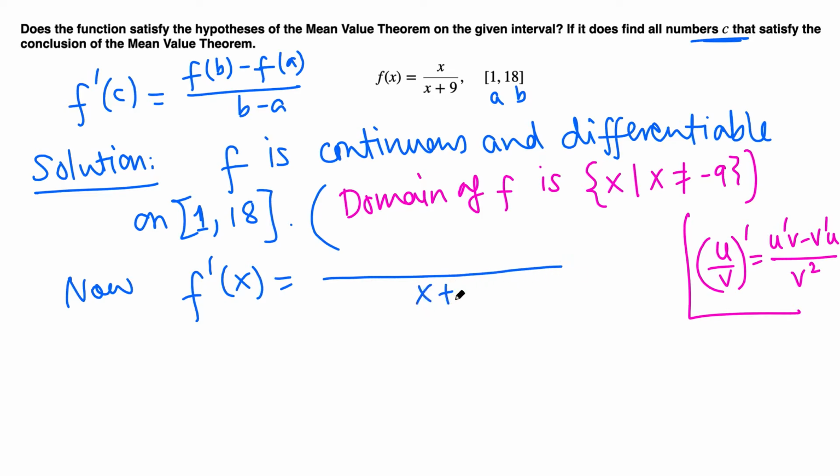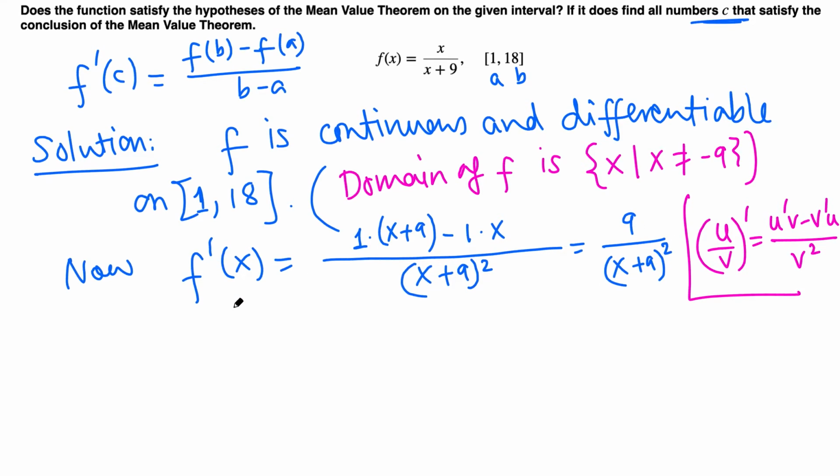So x plus 9 squared on the bottom. Derivative of top is 1 times the bottom minus derivative of bottom, which is 1 times the top. Okay, let's simplify this. So this is x plus 9 minus x, so x and x cancel, and we get 9 over x plus 9 squared.